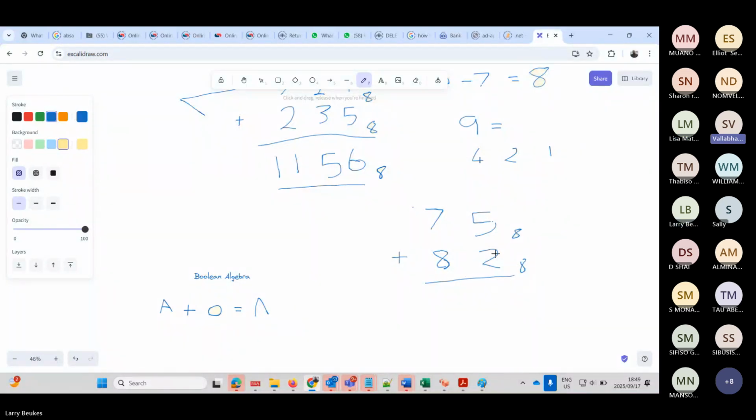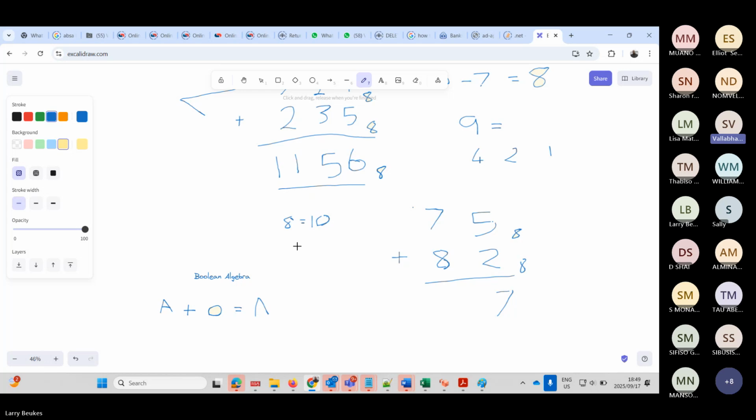75 plus 82. So 5 plus 2 is 7. No problem, because in octal, 0 to 7 remains the same. From 8 onwards, it changes. In octal, it is different. So now 7 plus 8 is 15.